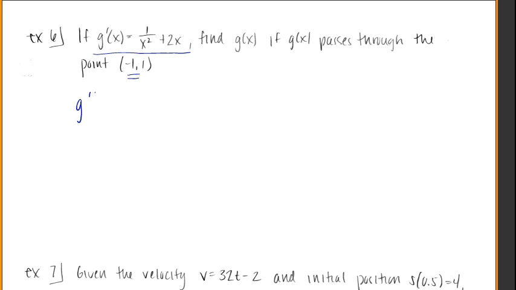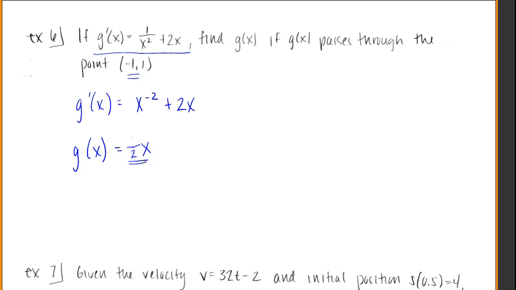So if g prime of x is x to the negative 2 plus 2x, let's see if we can find an original function. What would I have to have so that when I took the derivative, I've got x to the negative 2? What if I did 1/2 x, would that work? Not so much, because the derivative would only be 1/2.